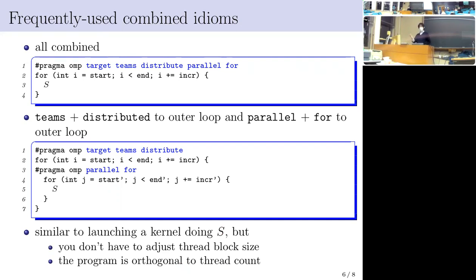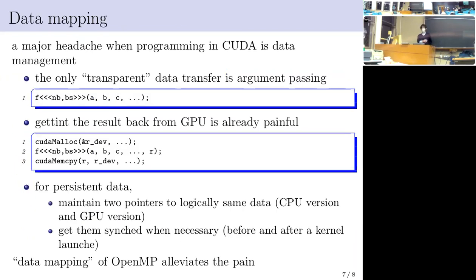If that happens, CUDA programs quickly become somewhat ugly and awkward. So you want to maintain the same structure no matter how many threads you end up creating. This is really a benefit of using OpenMP instead of CUDA.